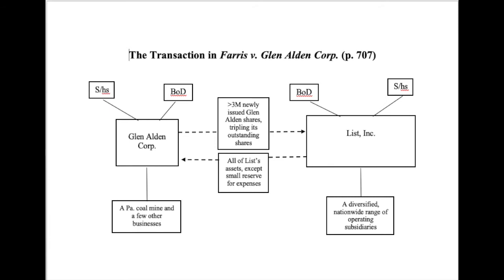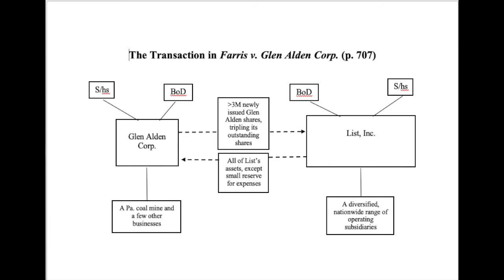Glen Alden is already a pipsqueak little suffering firm, probably not worth very much, purportedly acquiring a super big firm. So the property that it acquired, namely all the assets of List Incorporated, surely outweighed massively the value of Glen Alden before the transaction. But not only that, Glen Alden tripled the number of shares.